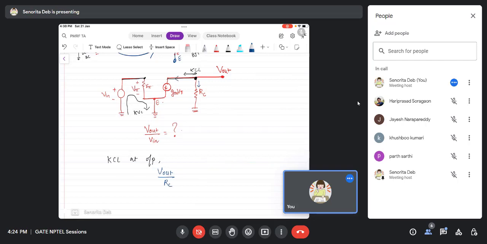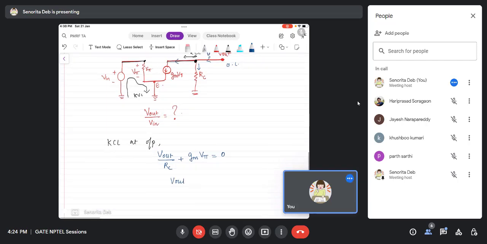V out by RC plus GM V pi is 0, because here it is an open circuit, right? I am not connecting anything, so I am considering this as 0 amperes. So GM V pi plus V out by RC is 0. So therefore V out is equal to minus GM RC V pi.